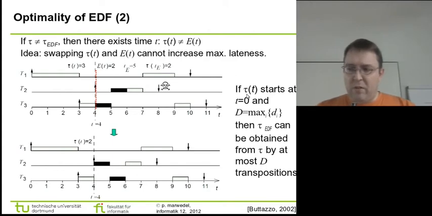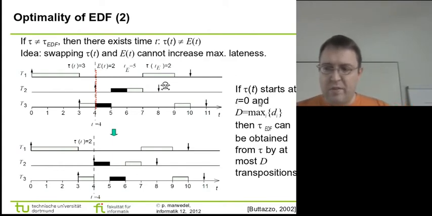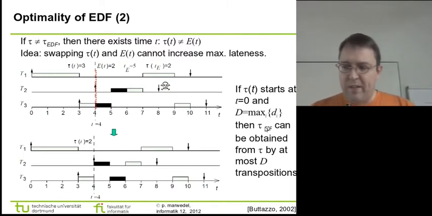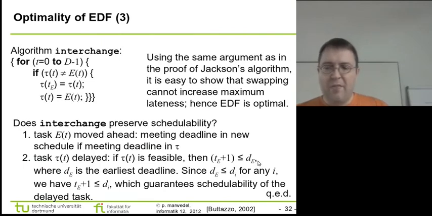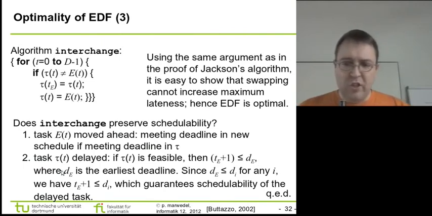Now if we have a schedule tau that starts at t equals 0, and we have a maximum deadline capital D, which is the maximum of all the deadlines in the system, then we can obtain the EDF schedule from the original schedule that was given, the tau schedule, by using at most capital D transpositions. And there is an algorithm for this, the interchange algorithm.